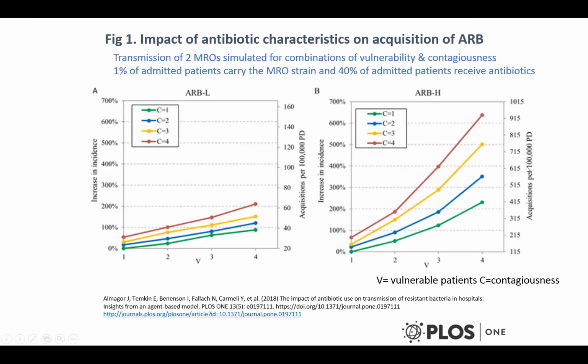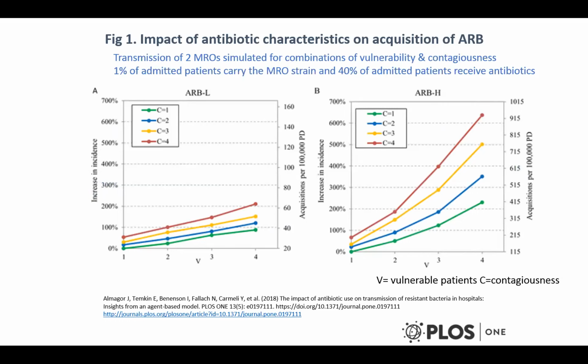Here they look at the impact of antibiotic characteristics on the acquisition of antibiotic-resistant bacteria. And they're looking at the transmission of two multi-resistant organisms, so those two that we talked about before, one that's less contagious and one that's more contagious. And this is based on the assumption that 40% of admitted patients receive antibiotics, and that 40% is based on European data, which I told you before, of between 20 and 55% of patients being treated with antibiotics.